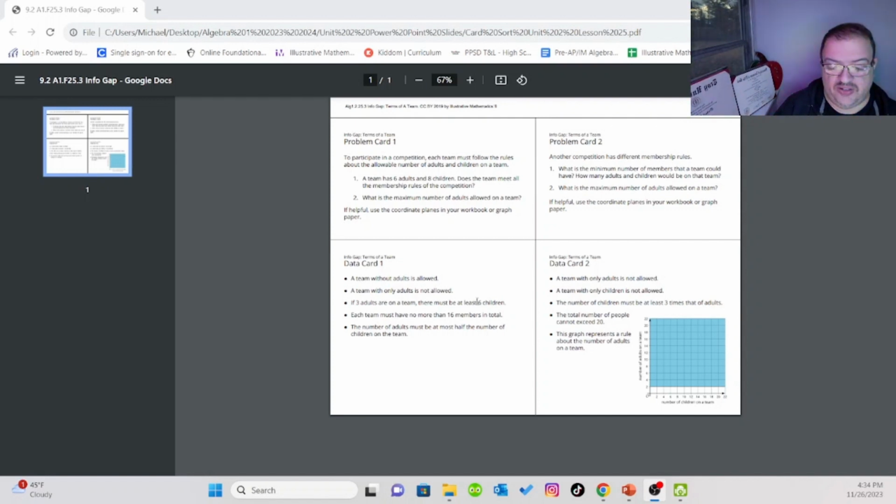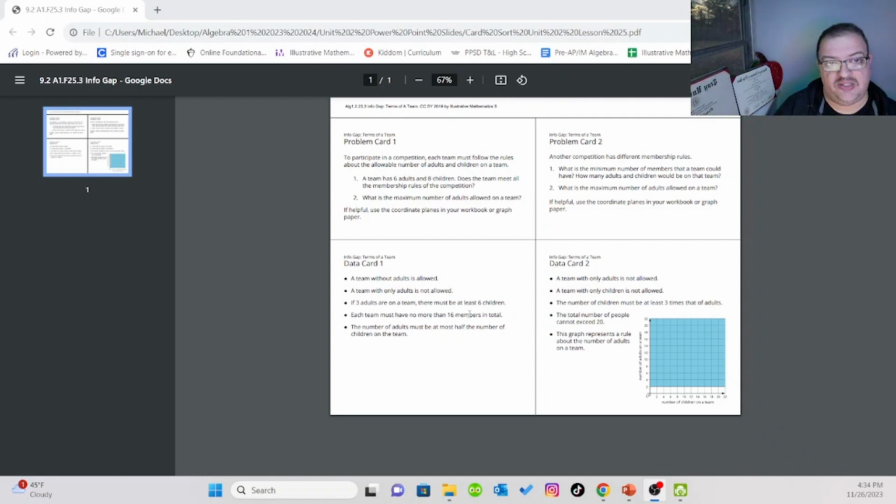If 3 adults are on a team, there must be at least 6 children. So that could say 3A is less than or equal to 6C. Each team must have no more than 16 members total.